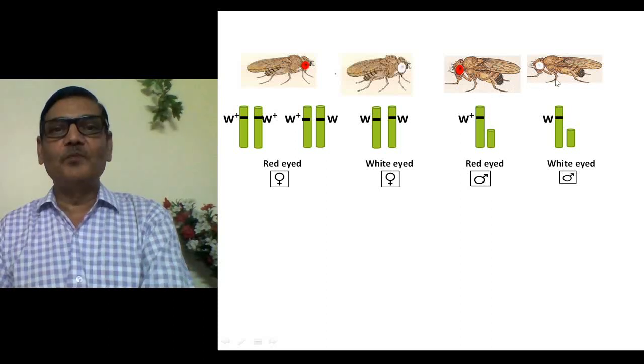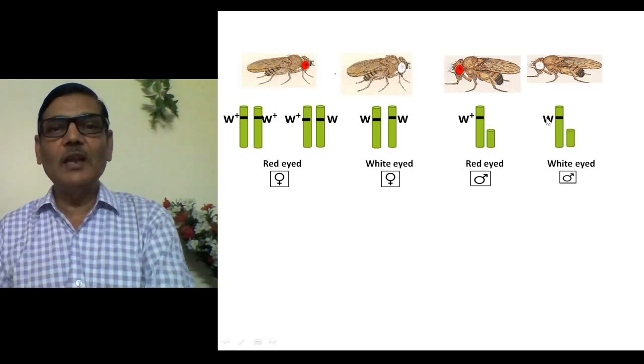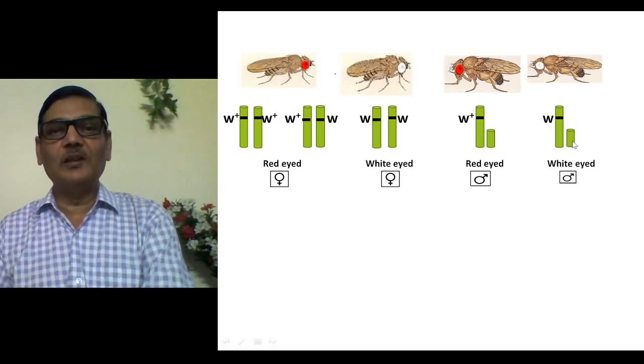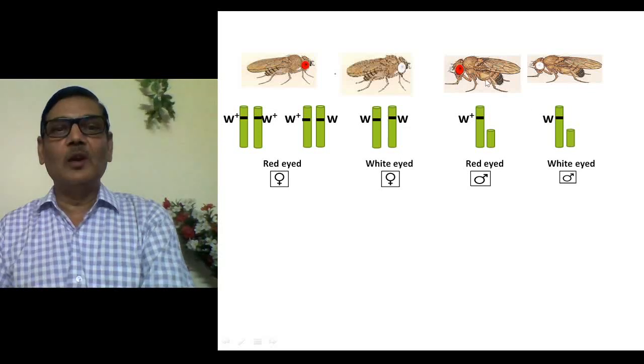Those males which are white-eyed genotypically have the recessive allele here on the X chromosome, and this one is the Y chromosome. So when we observe a male with a red eye, we immediately know the genotype of this individual. Likewise, if there is a white-eyed male, we know the genotype of this fellow.